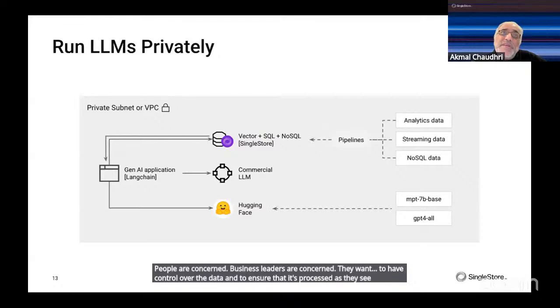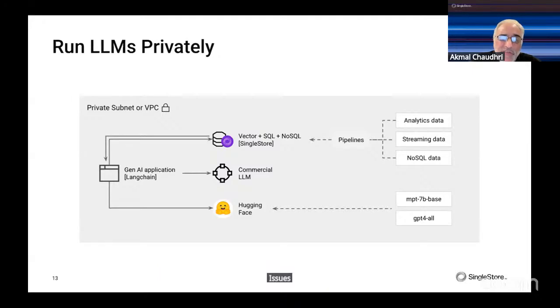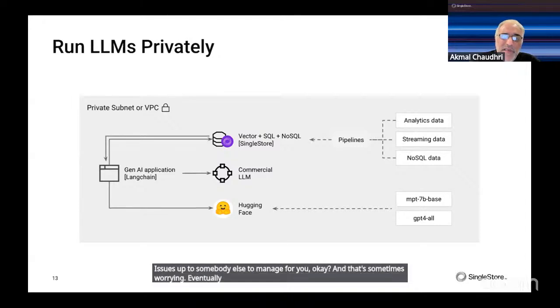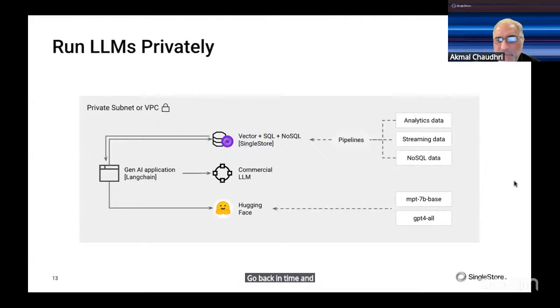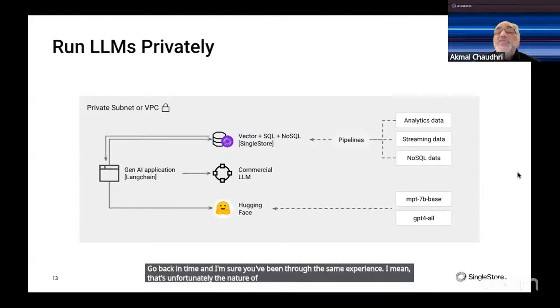The ability to use third parties is great and helpful in terms of the services they provide, but you feel as though you're leaving issues up to somebody else to manage for you, and that's sometimes worrying. Eventually, these things get addressed. Go back in time, and I'm sure you've been through the same experience. That's unfortunately the nature of technology, and it's even worse today because of the speed with which change tends to come.